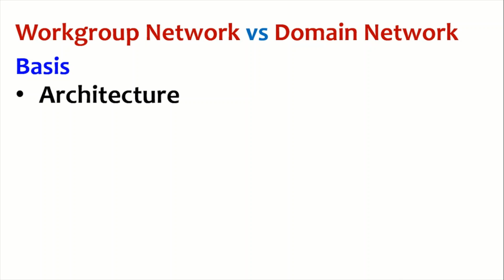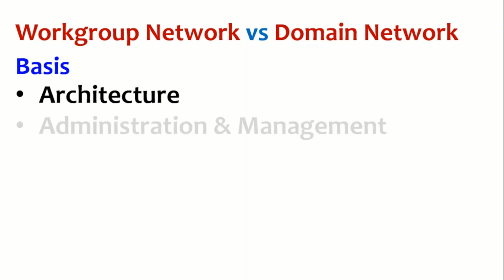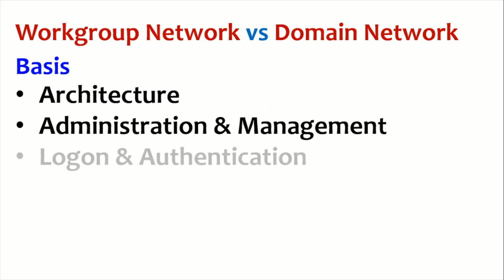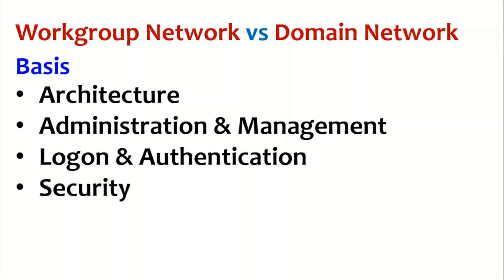We'll see how the architecture of a workgroup network compares with that of a domain network. We'll see how administration and management happens in a workgroup network and in a domain network. We'll also look at how logon and authentication happens in a workgroup network and a domain network. We'll see which network is secured and where to implement which network. That is very important.